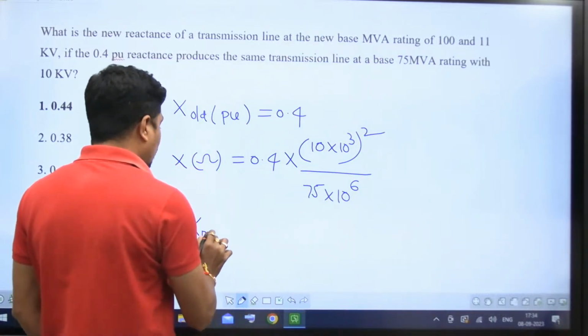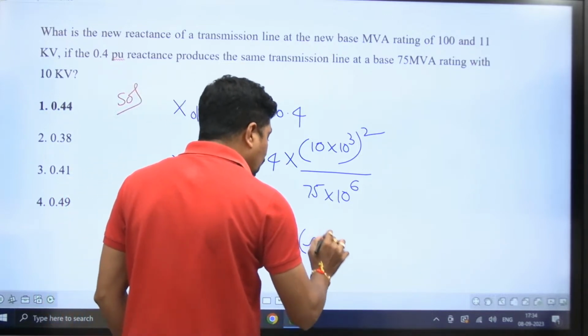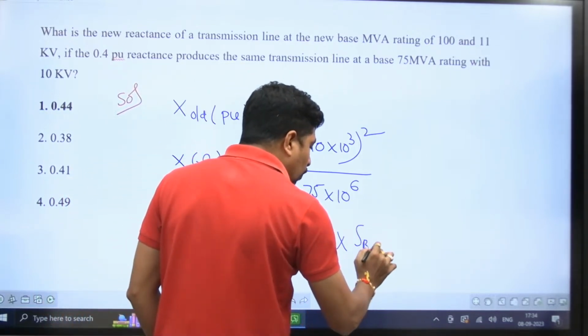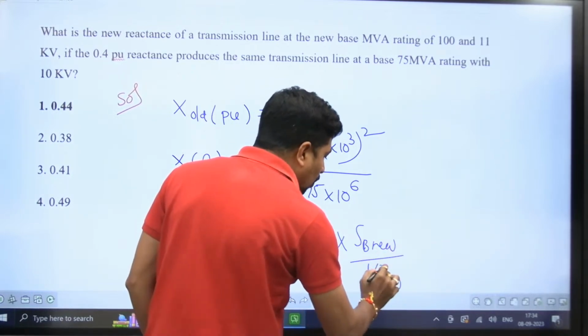Now X per unit new is equal to X in ohm into S base new by V base new whole square.